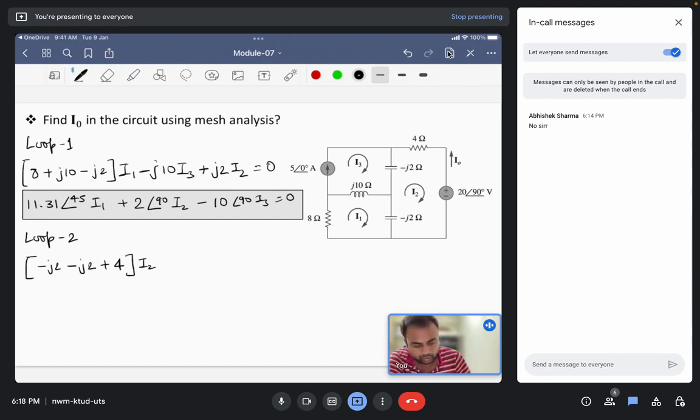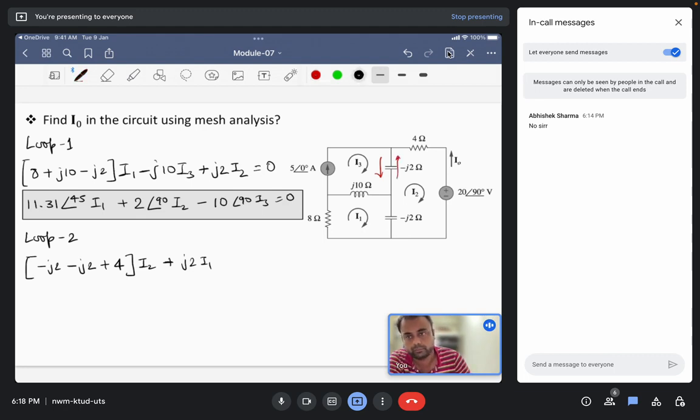Now again for the capacitor the direction is opposite, so minus plus J2 I1. For the upper capacitor, we look at the direction: I3 is flowing in this manner, and I2 is flowing in this manner, so this is also opposite.